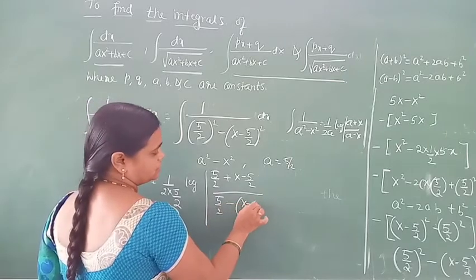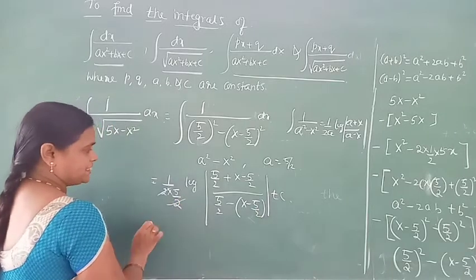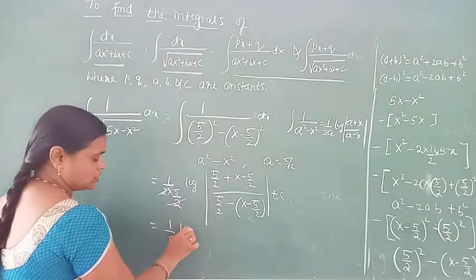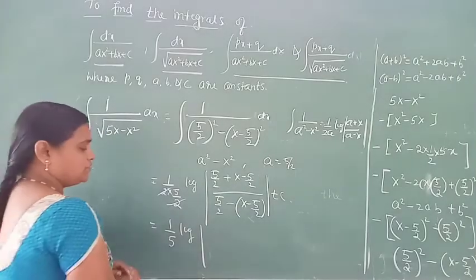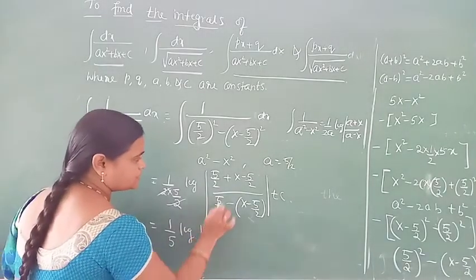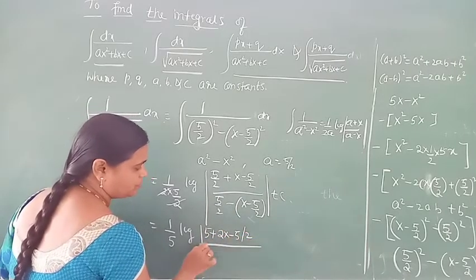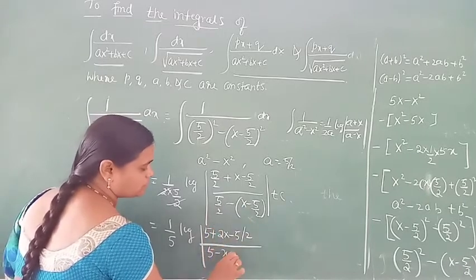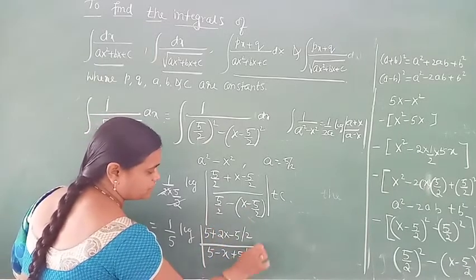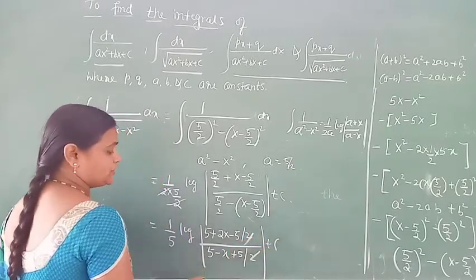Here 2 gets cancelled. We get 1 by 5 log of, check the LCM, LCM is 2. Therefore, we get 5 plus 2x minus 5 divided by 2, 5 minus 2x minus 5. Correct? Minus and minus become plus 5, and that 2 gets cancelled.